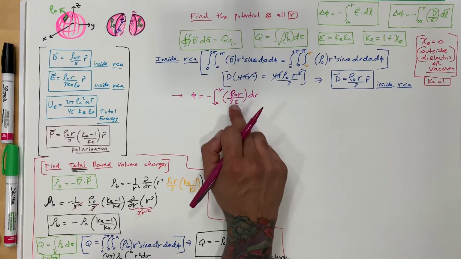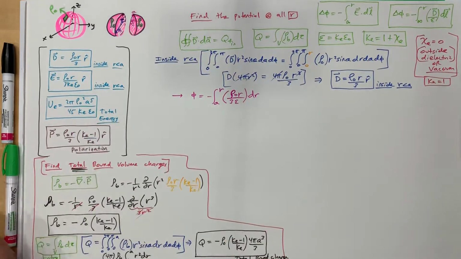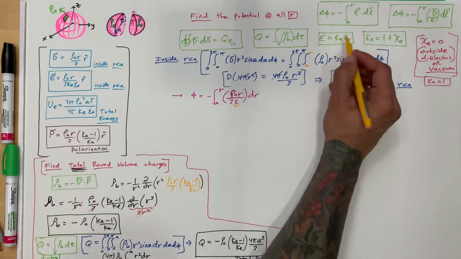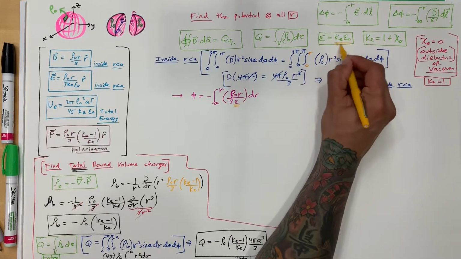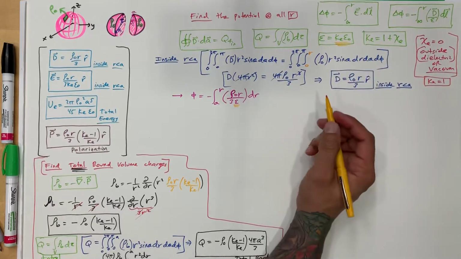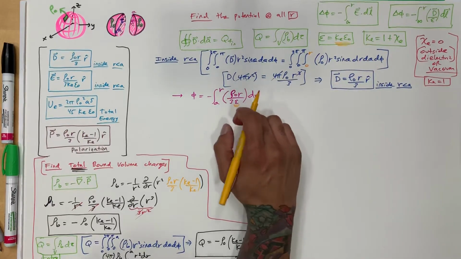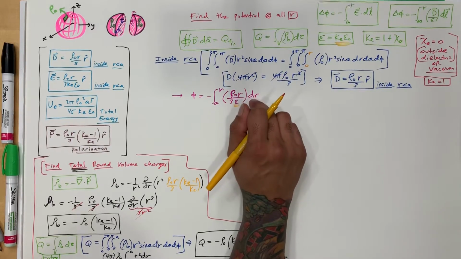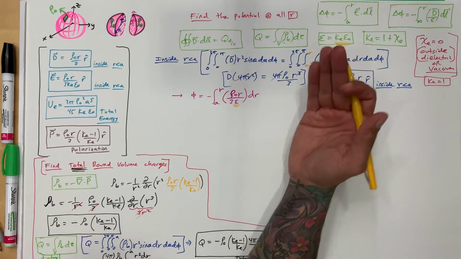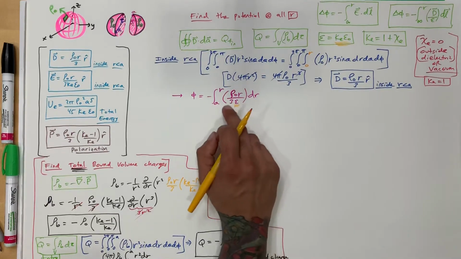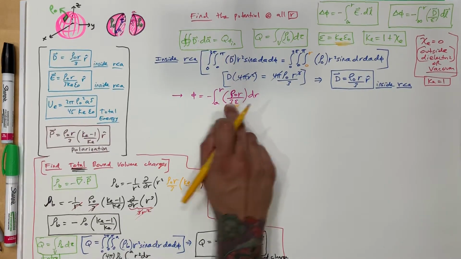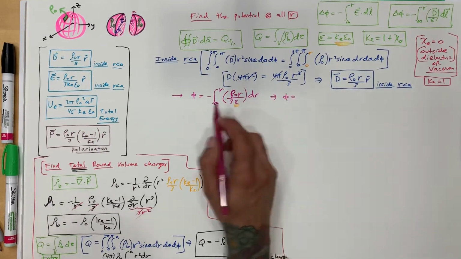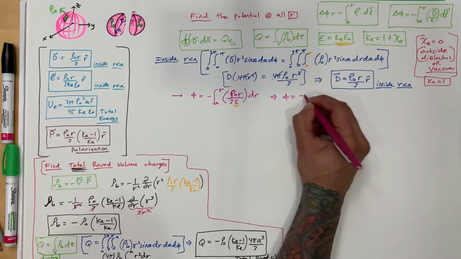All right, so solving this integral, and also since we're inside, we got to change this to represent what the dielectric could be on the inside, since we're dealing with a dielectric material. So we only got to do the integral of r dr. So that's going to be r squared over 2. The 2 is going to be multiplied by the 3. Let's keep the minus outside for a second.